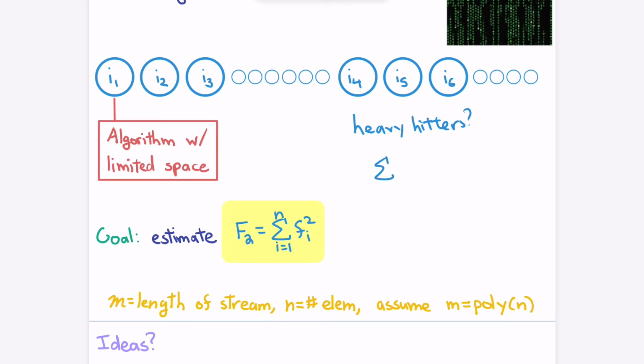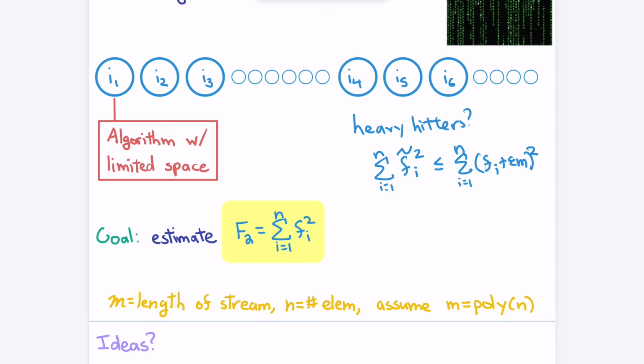You can report something like the sum from i equals 1 to n, and I'll write fi tilde for the estimate from heavy hitters, and you're only guaranteed things like f sub i plus epsilon m squared. And I'm starting to worry about the epsilon m squaring getting really bad.